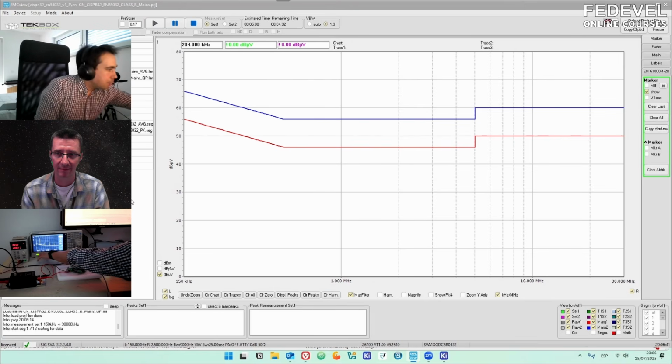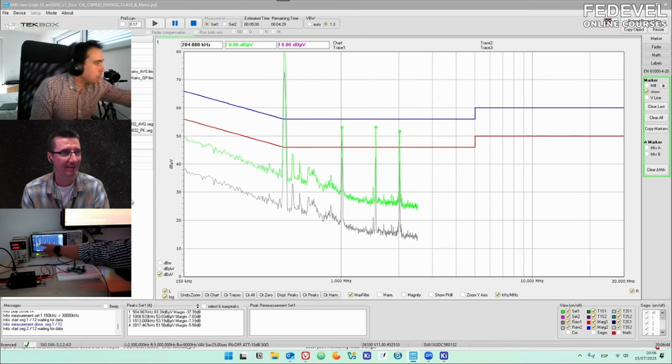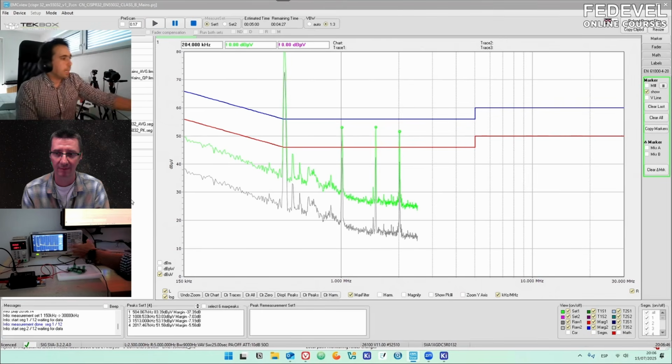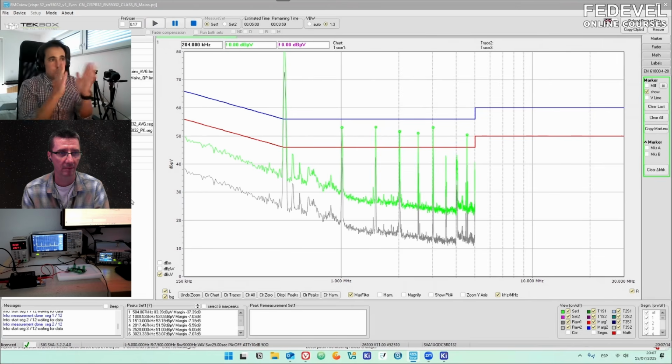Because in this window, it's showing now between 2.5 mega and 5 mega, and then it's making the measurement. The software divides the interval between 150K and 30 mega into smaller windows, and then it makes a more precise measurement. It's also a requirement from the standard, because they require a minimum number of measurement points for the frequency range.